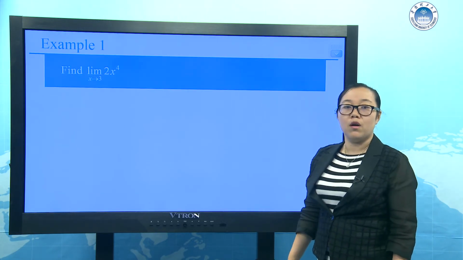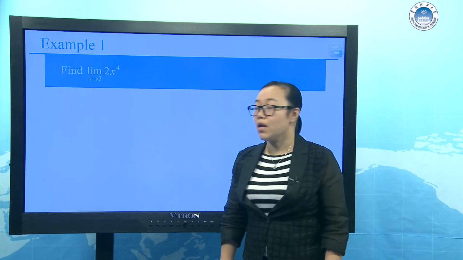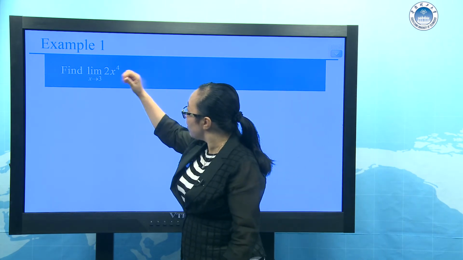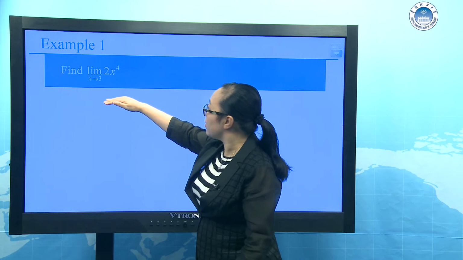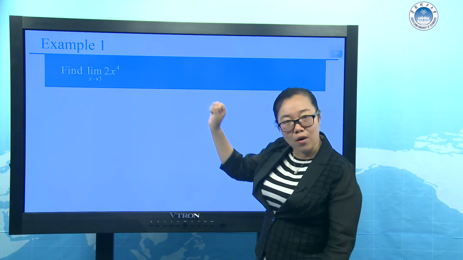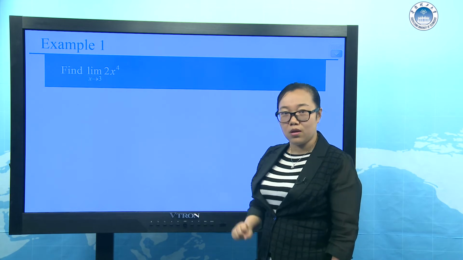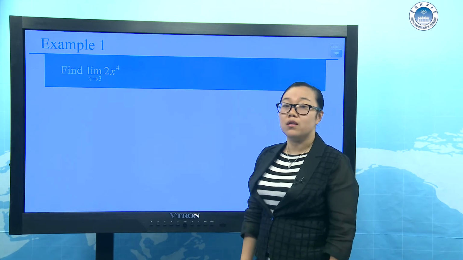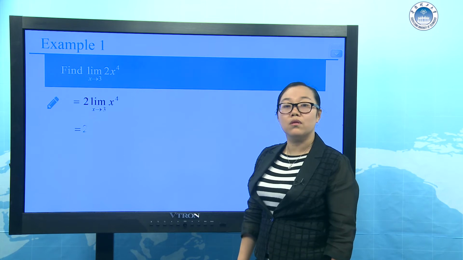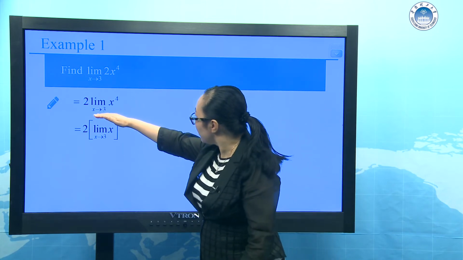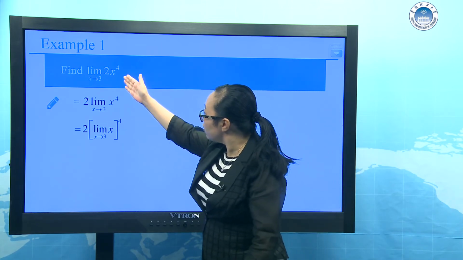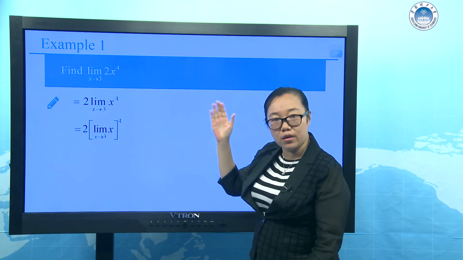According to the theorems, we will finish the following examples. Look at example 1. Try to find the limit of 2x to the fourth power as x tends to 3. How to do? According to the main limit theorems, it equals 2 times the limit of x to the fourth power as x tends to 3. 2 is a constant, so it's taken out.